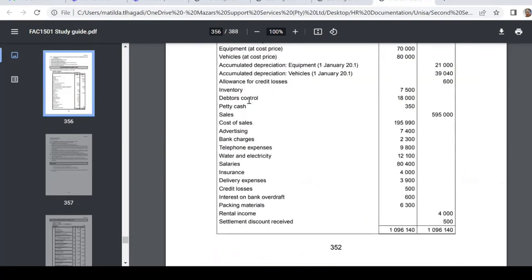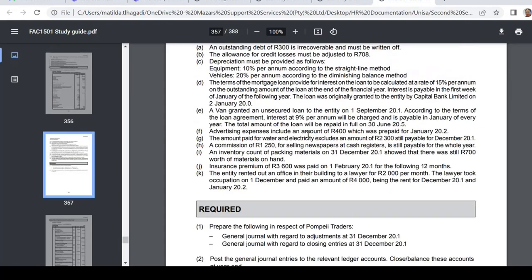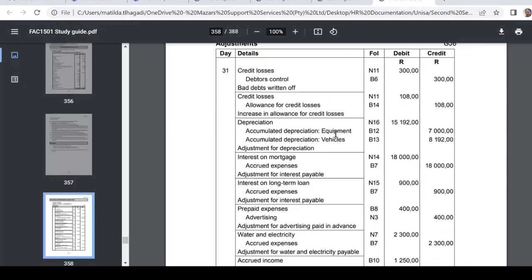Okay, let's look at advertising expense. It includes an amount of 400, which was prepaid for January.